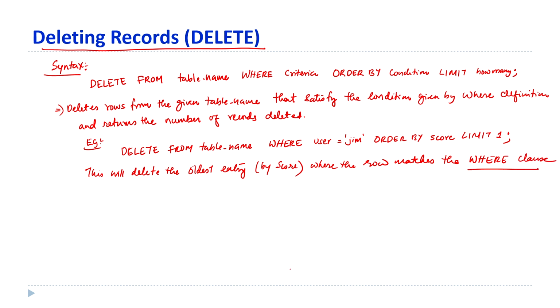So, wherever the selection clause is matched, for the user Jim, it will order all the scores, and then the oldest score, because of the limit 1, it will delete. If I say limit 2, it will delete 2 of them, the oldest 2 scores. So, that is the idea of a delete.